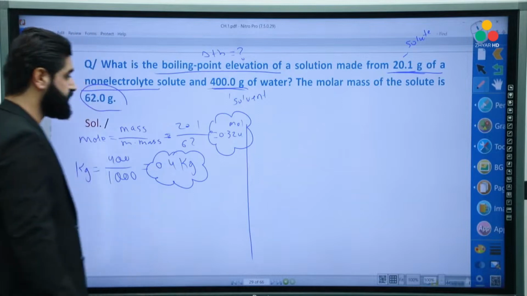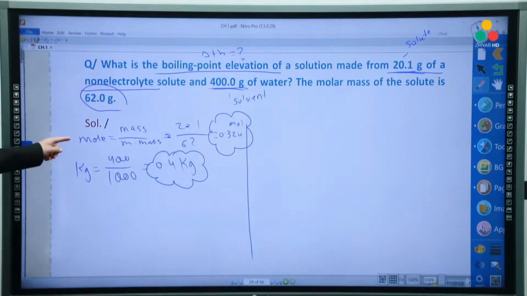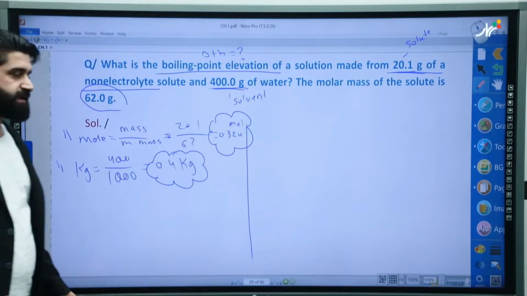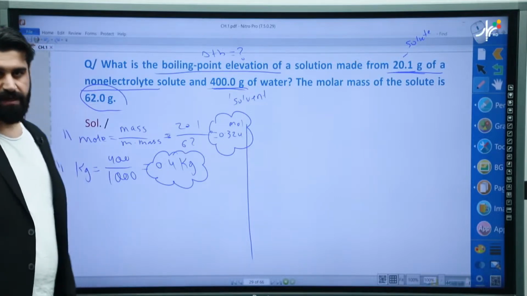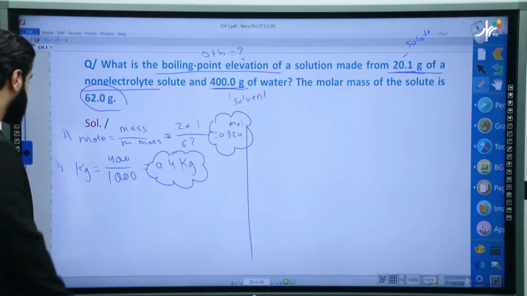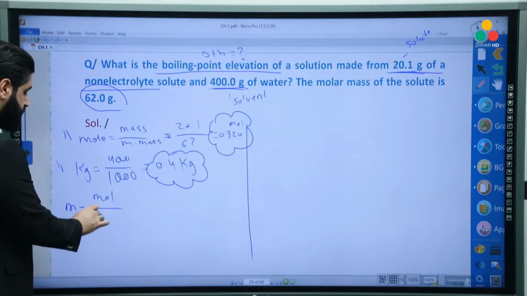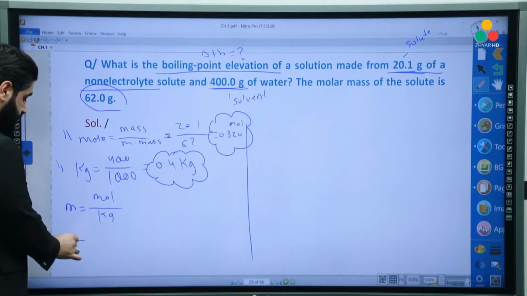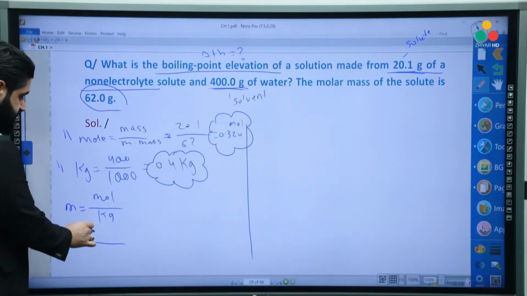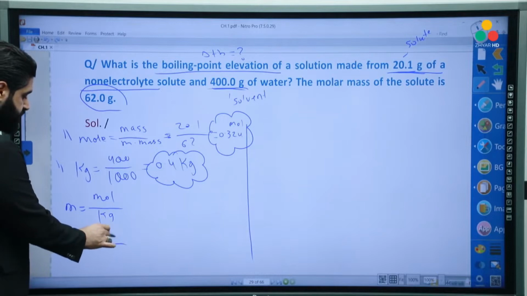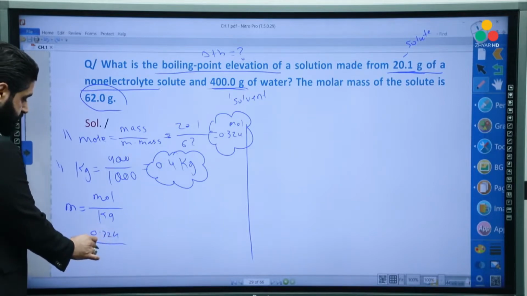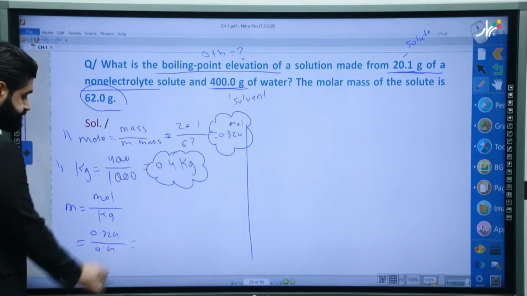Now we just achieved number of mole and kilogram, which are useful to get the value of molality. It's very easy. So now we can take out molality. Molality equals mole per kilogram. We have mole, which is 0.324, divided by kilogram, 0.4.